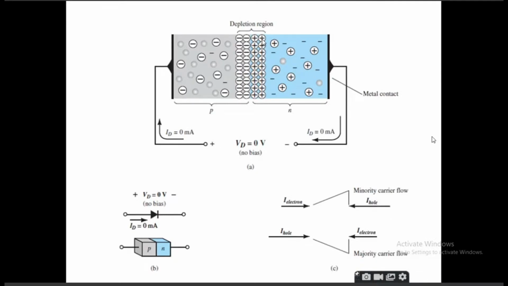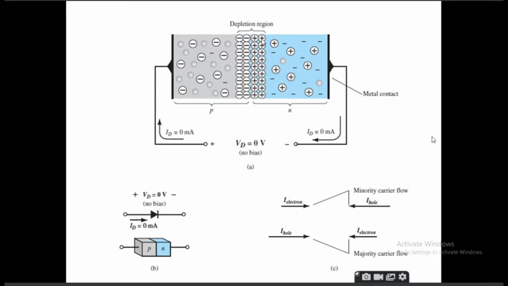Whereas a negative sign with a circle on the P side, or a positive sign within a circle on the N side, represents immobile ions, as you have previously said correctly.